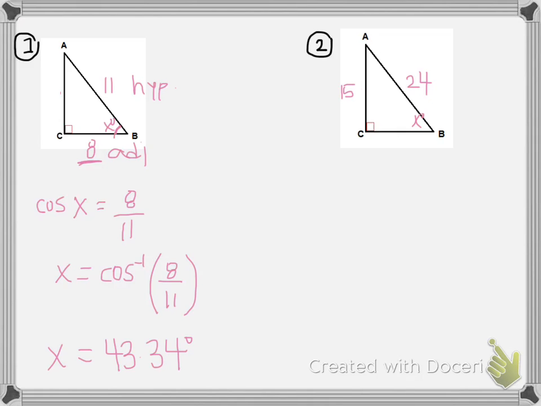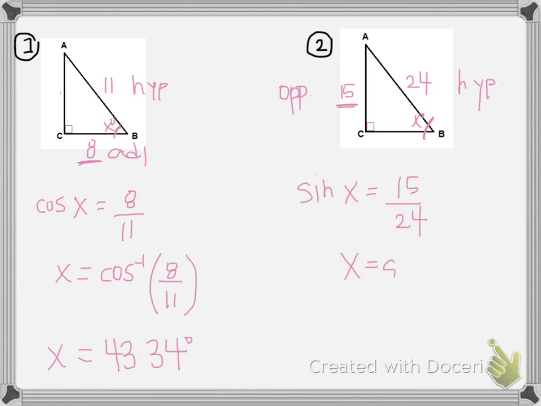All right, let's look here. So number 2 here, I've got my angle B that I'm looking at. I know the side that's opposite of that angle, and I know my hypotenuse. So opposite over hypotenuse is sine. So I can say sine of x is equal to the opposite side, which is 15, over your hypotenuse side, which is 24.